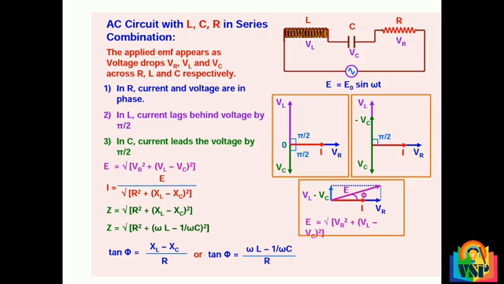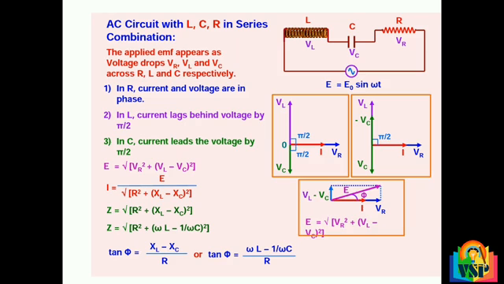Suppose that an inductor L, capacitor C and a resistor R are connected in series to an AC source. I is the current passing through this circuit. As R, L and C are in series, therefore at any instant through the three elements the AC has the same amplitude and phase.